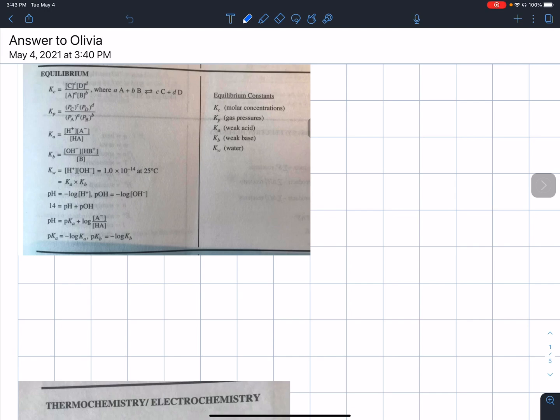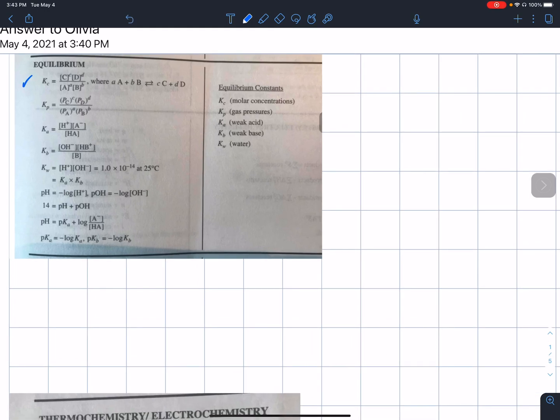But when we take a look at this top section, hopefully you recognize Kc and Kp. Ka, Kb, and Kw, and the remainder of these equations are all in my acid notes, the notes that I posted, and there's a video there.